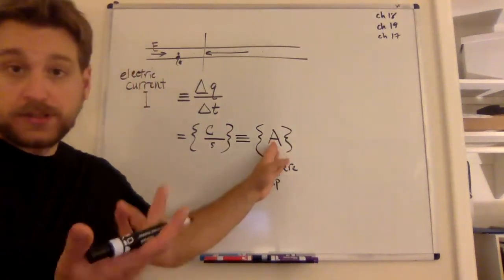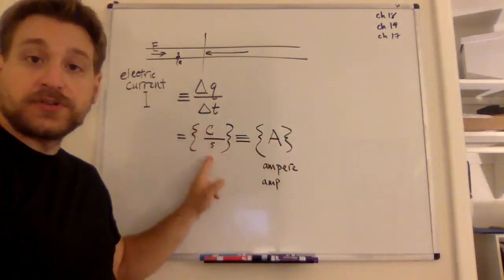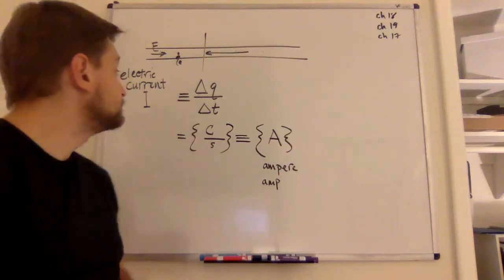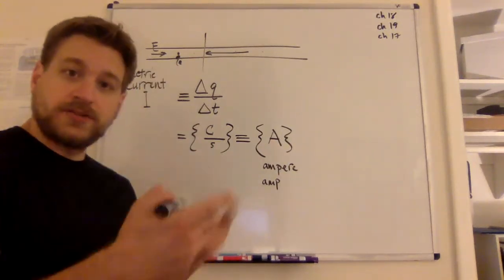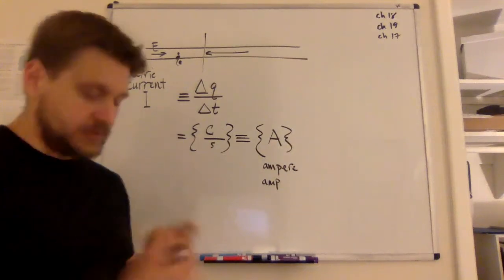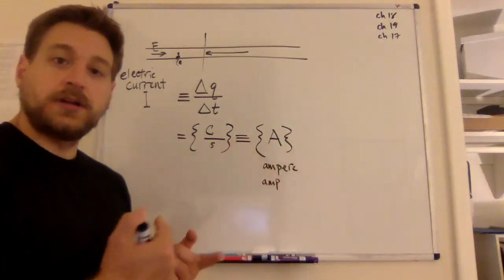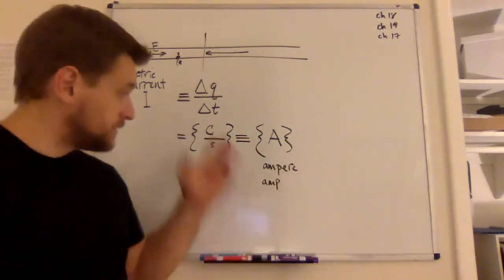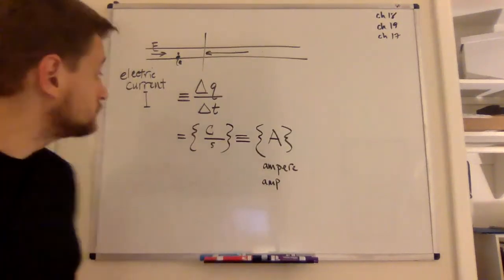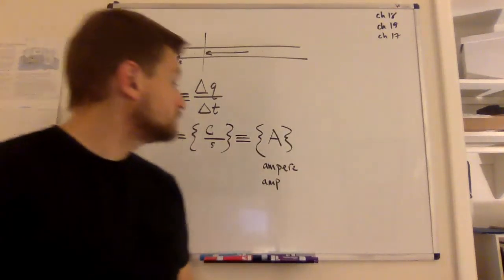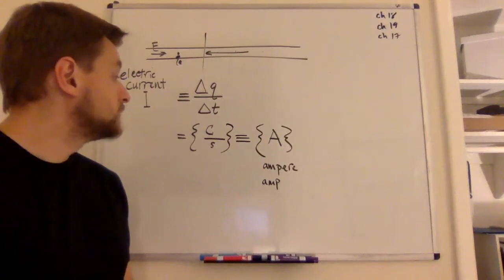One amp is 1 coulomb per second. How much charge is flowing by? Well, I watched for a second and I saw a coulomb of charge go by, so I have observed a current of 1 amp. Great.